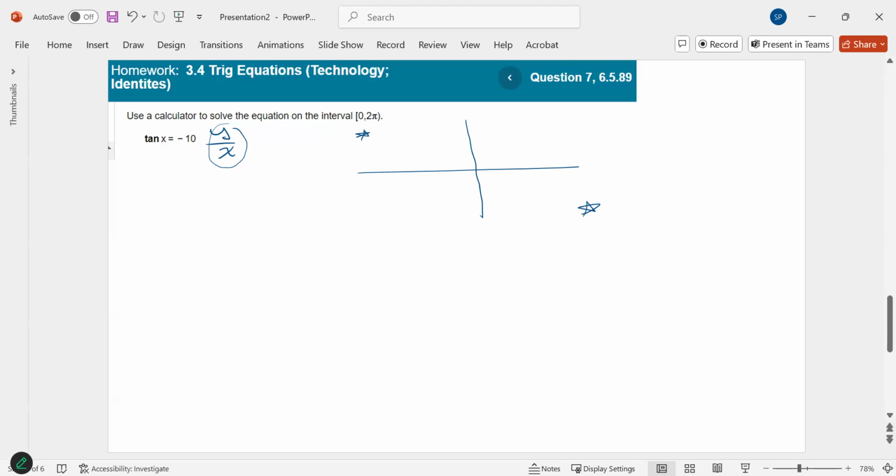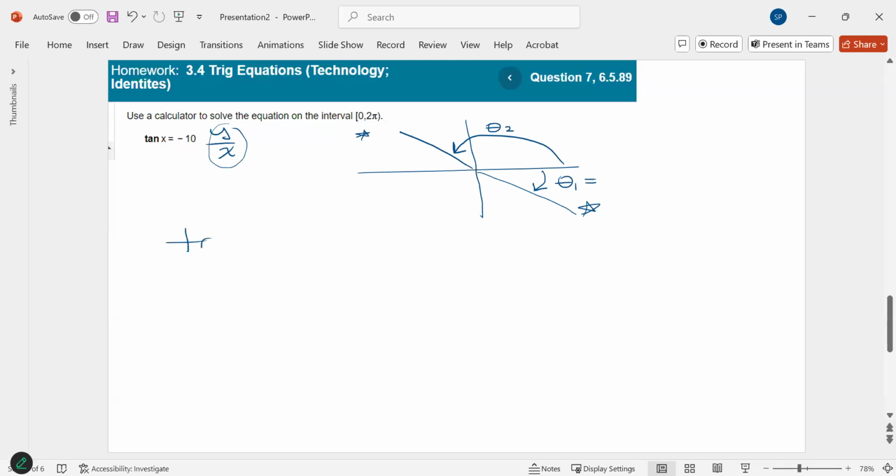And so what we need to do is first, we're going to find the first angle, and the inverse tangent function is going to give us a negative angle there for the first angle. And then we also need to find this angle right here. That's going to be the second angle.